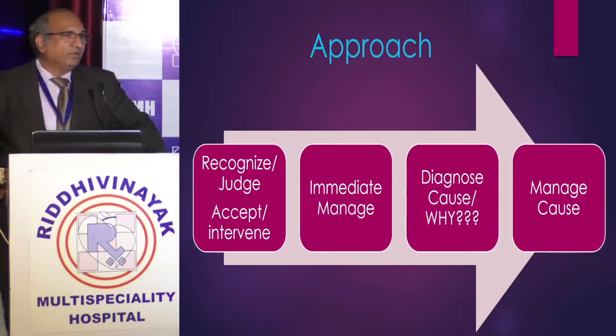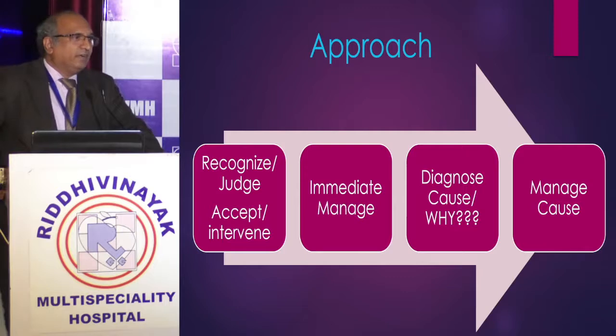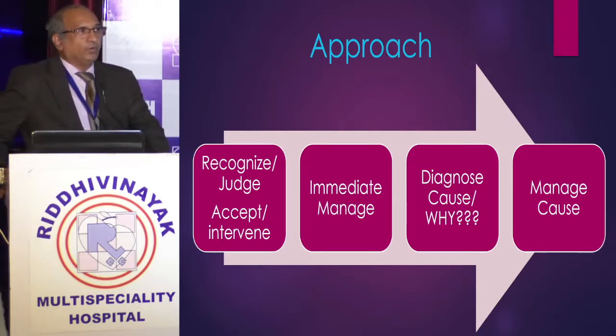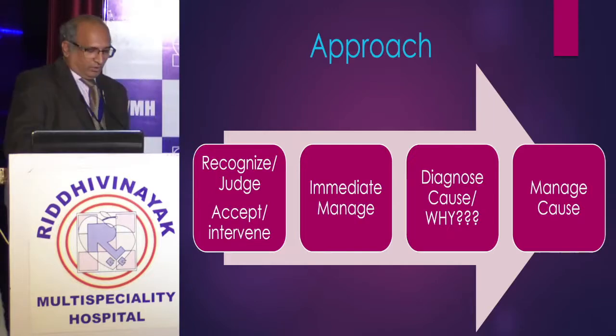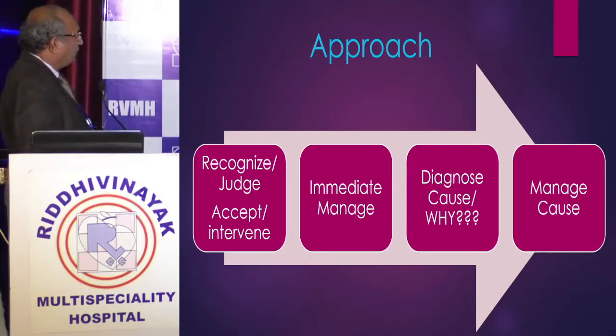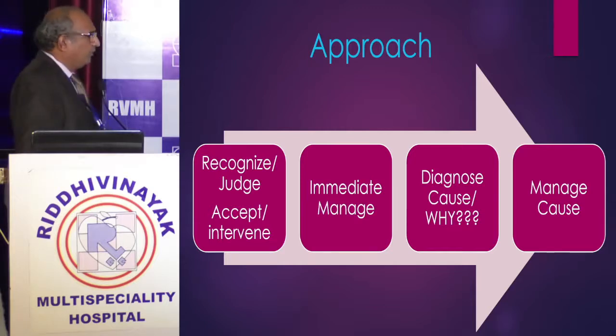You don't want to intervene unnecessarily. If the saturation is 85, I will not jump in to get the saturation to 100, but definitely I would like to evaluate the cause of why it has gone to 85. So how you approach it is, you first recognize and then judge whether to accept it or intervene immediately.